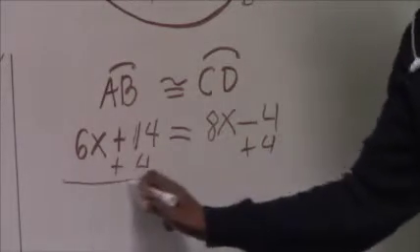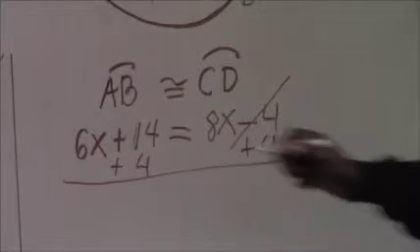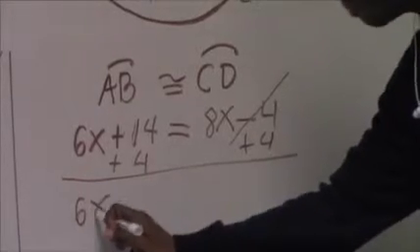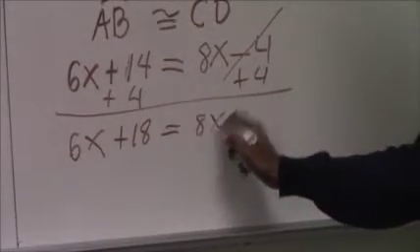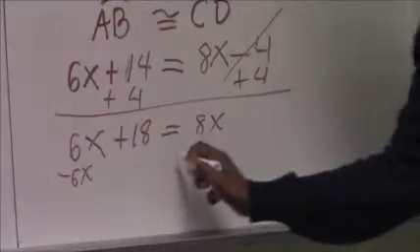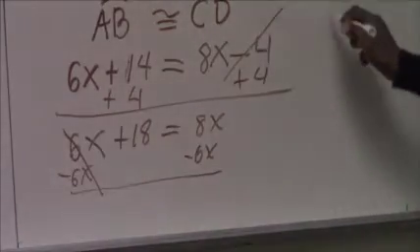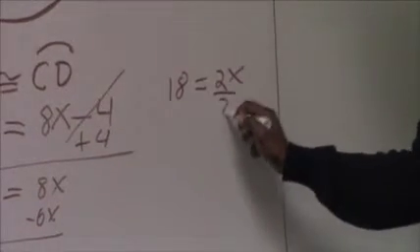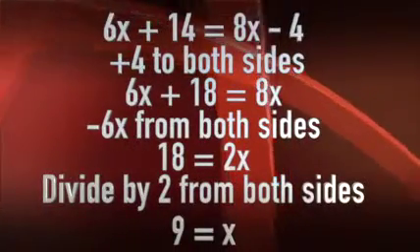I like to be very thorough with these kinds of problems because we all learn mathematics differently. So I'm going to have 6x plus 18 equal to 8x. Then I'll subtract 6x from both sides, so 18 will be equal to 2x. I divide by 2, and I'll have x equals 9.